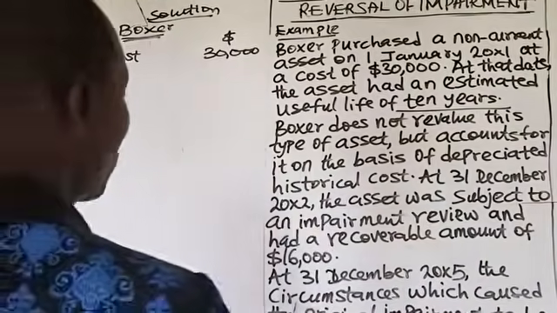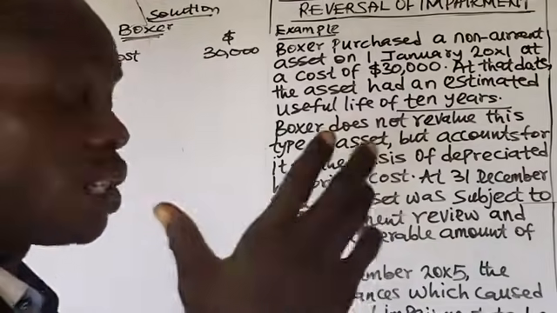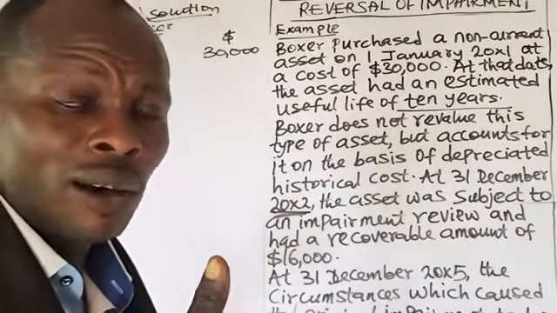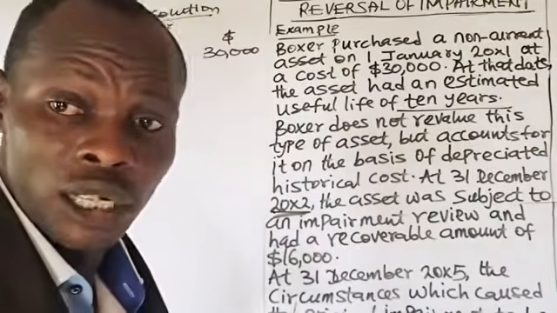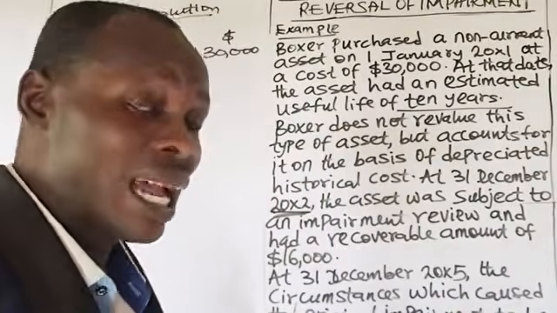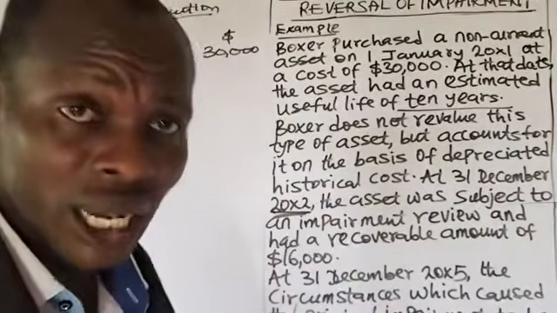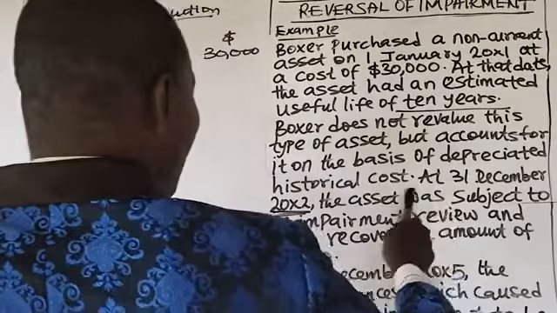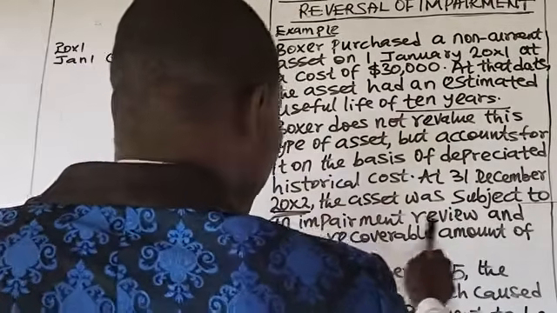At 31st December 20X2, the acquisition is January 1, 20X1. It means depreciation will be recognized in the financial statement. That means the asset will have been depreciated for 1 year by December 20X1. Then at December 20X2, the asset was subject to an impairment review.